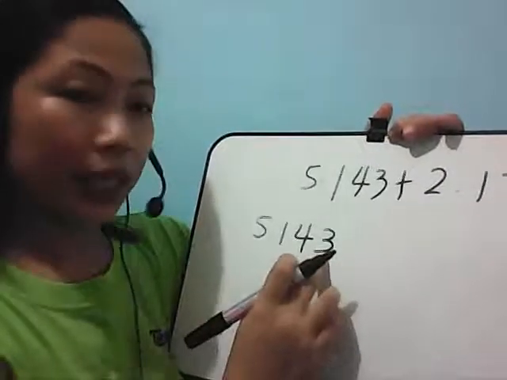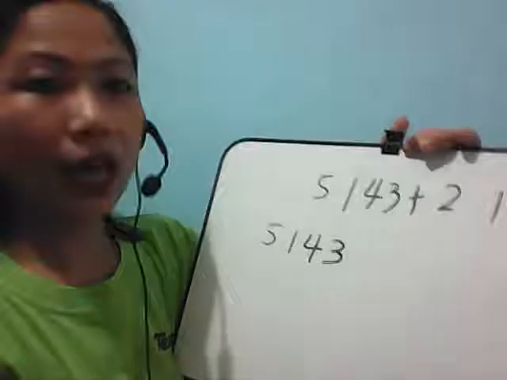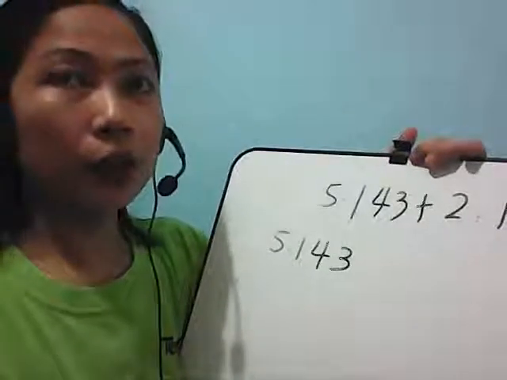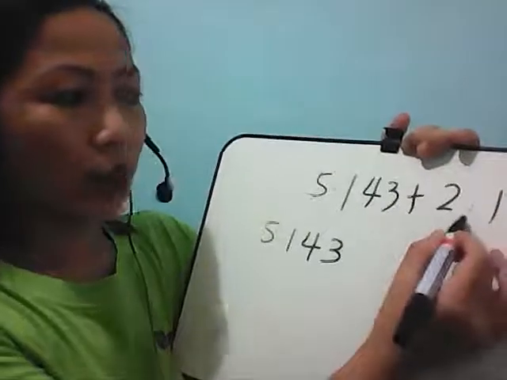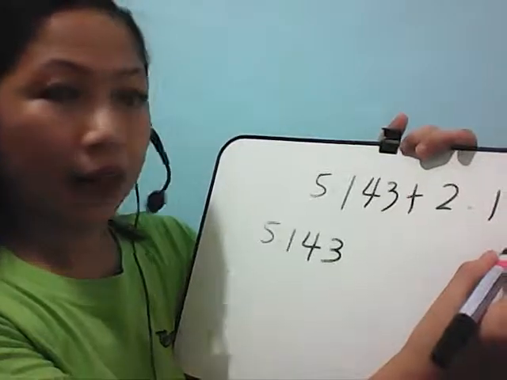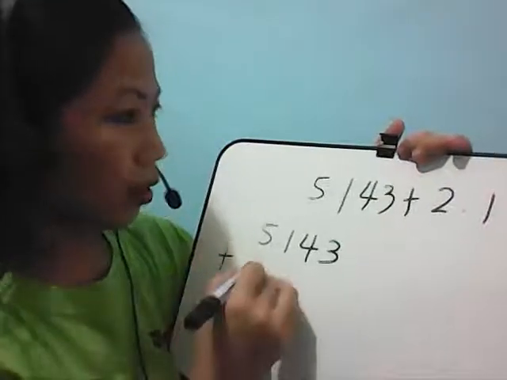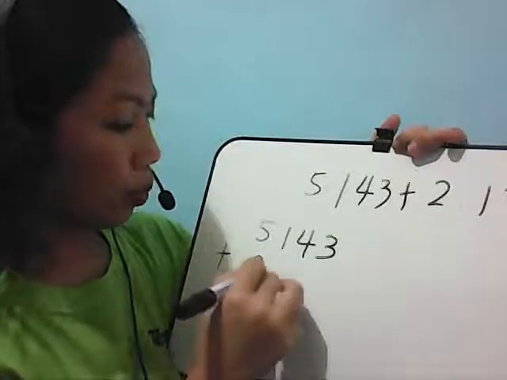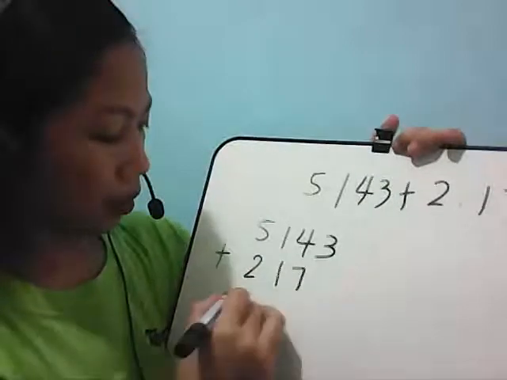Because 3 is in the thousandths place. Okay. So that's how you're going to read the decimal numbers. Then we need to add 2 and 17 hundredths.